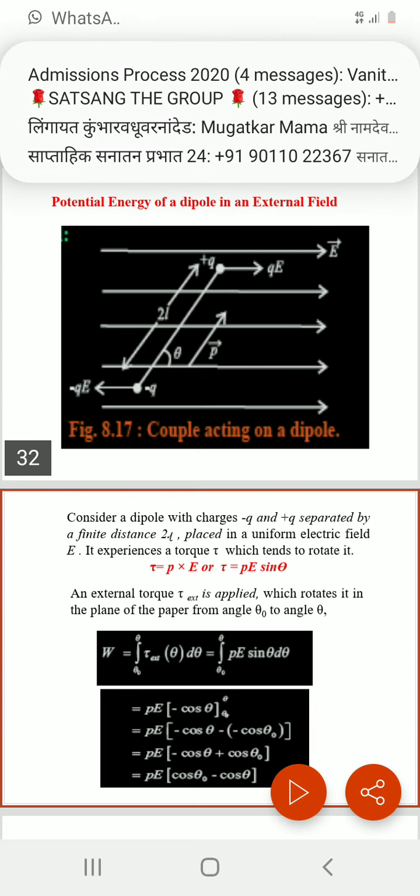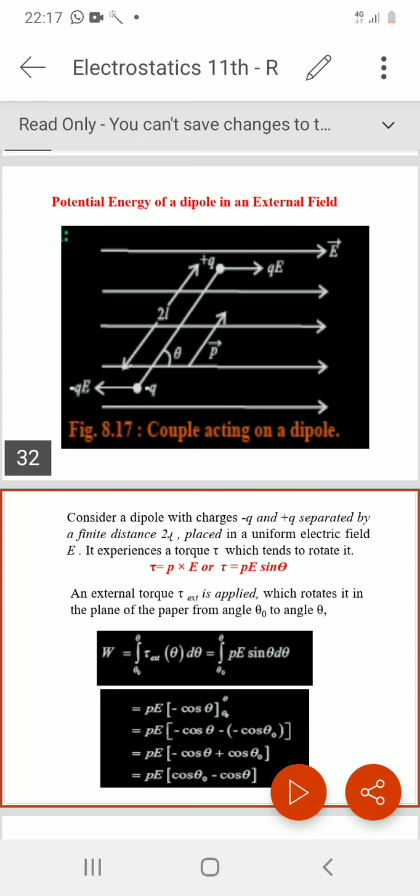Now as there is a cross product between the two vectors, because P bar is also a vector and E bar is also a vector, the cross product of P bar cross E bar can be written as tau is equal to PE sine theta. This topic we have already discussed in the 11th standard electrostatics chapter.